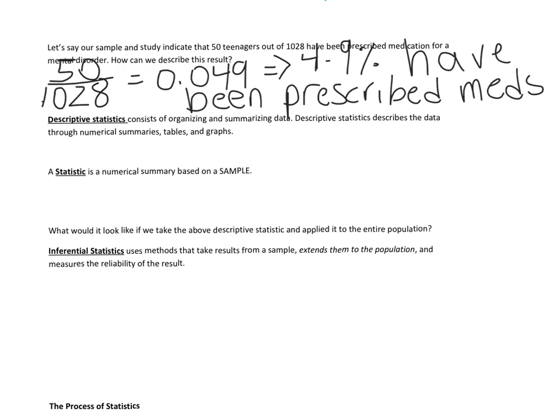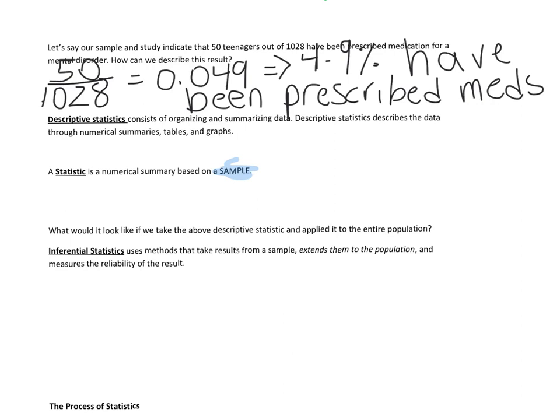All right, and then when we're talking about a numerical summary from a sample, like this 4.9%, we call that a statistic. So a statistic is a numerical summary based on a sample. We have a lot of definitions for statistics, right? So a statistic is a numerical summary based on a sample, and I'm just going to highlight sample.